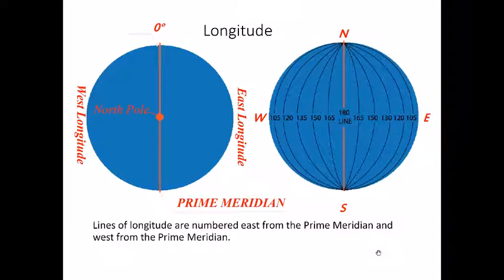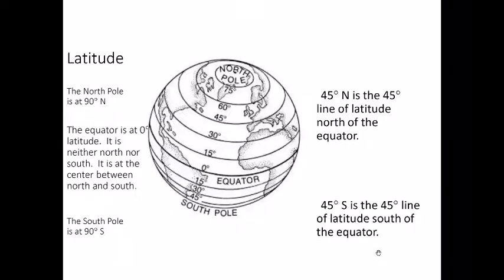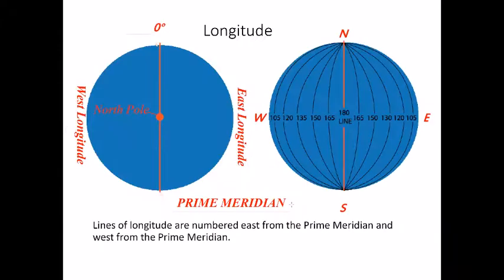But that is just one coordinate. Now we need the other coordinate to complete the process, because on 30 degrees the point can lie anywhere. So for that we have the lines of longitude. The lines of longitude are perpendicular to the lines of latitude, and they are represented as 0 degrees at the prime meridian, and they are useful in determining the time at different locations of the Earth.